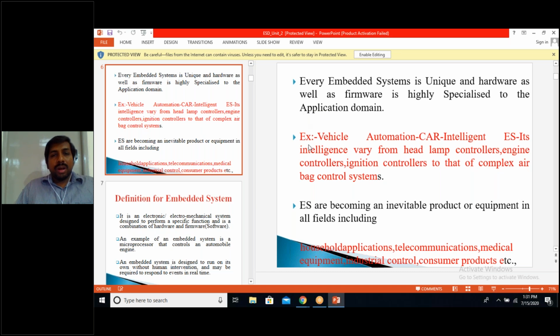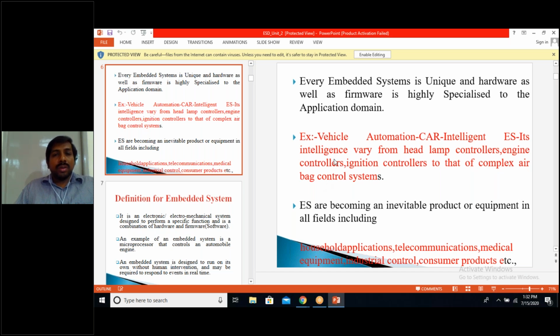If you consider the automation system in our vehicle, the car has intelligence varying from headlamp controllers, engine controllers, ignition controllers to that of a complex airbag control system. The complex airbag control system is one specific task of the embedded system intelligence in your vehicle, where if any accident occurs, the airbag automatically opens.